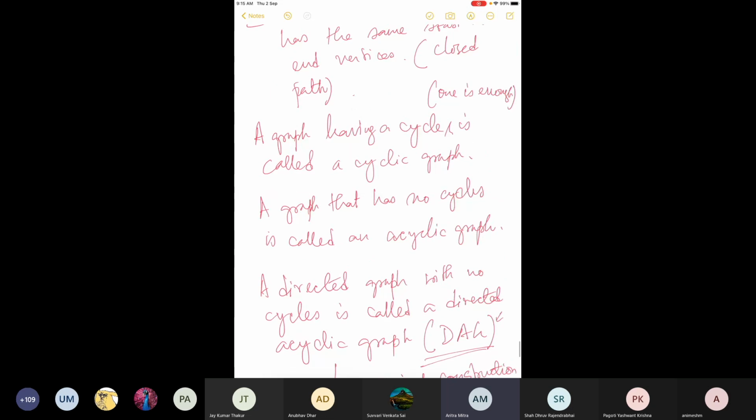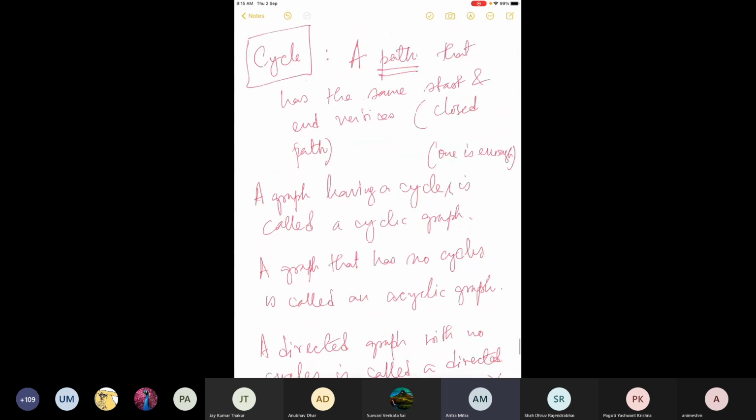Because a path says that no vertices are repeated, but in a cycle, the start and end vertices are the same. That's the only exception. So a cycle is also a path, but it's a specialized path where only the start and the end vertices are repeated. All other properties of a path remain the same.